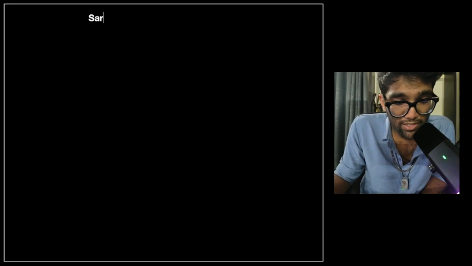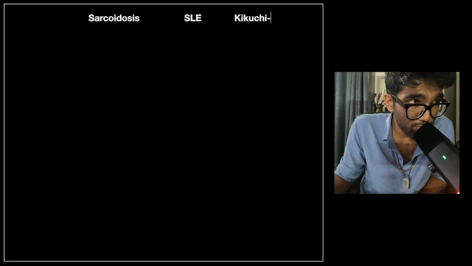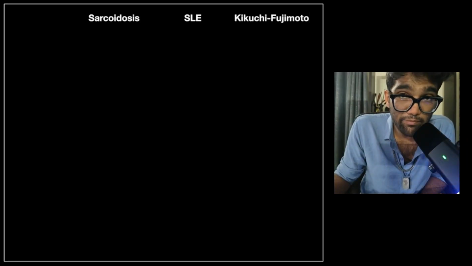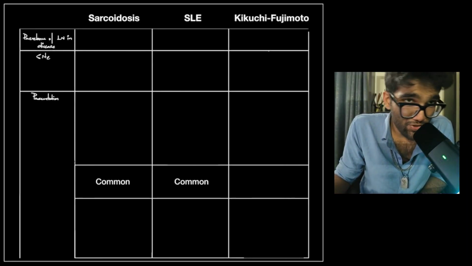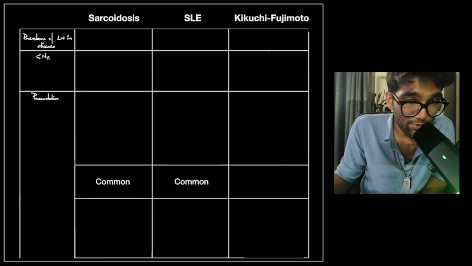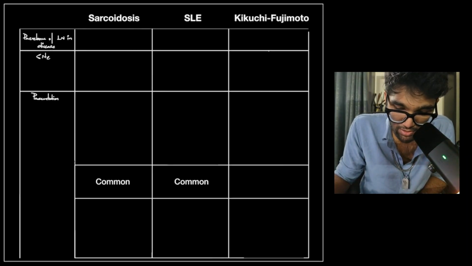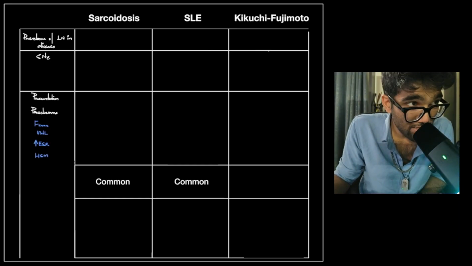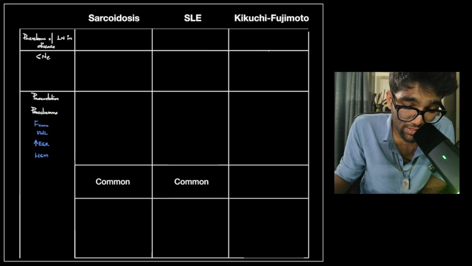So now before we jump into the histology of this, let's compare these three entities, that is sarcoidosis, SLE, and Kikuchi Fujimoto disease, in terms of the clinical presentation. Because before we interpret any investigation, we need to evaluate the pretest probability. So, what is the prevalence of lymphadenopathy? What is the site of the said lymphadenopathy in these three lesions?